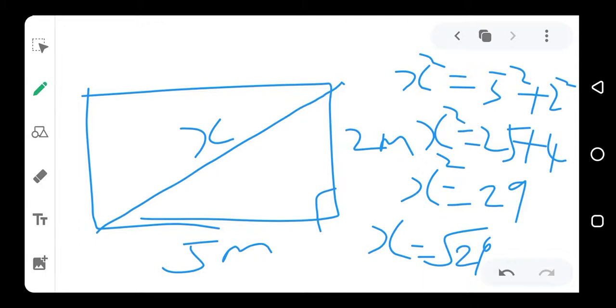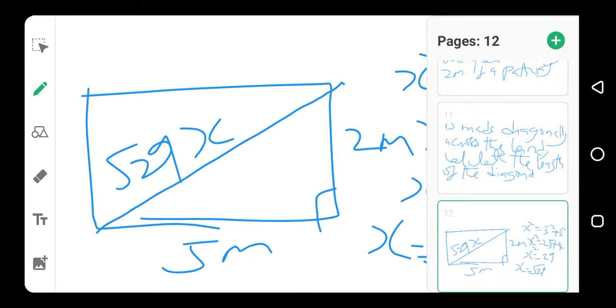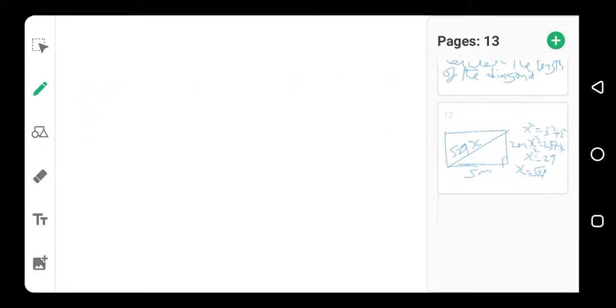So the length of the pathway created is root 29. I just decided to be using 5 and 2 to make our calculations easy for us. In the real distance equations, you may see different values. So this is how to calculate it. Very simple.